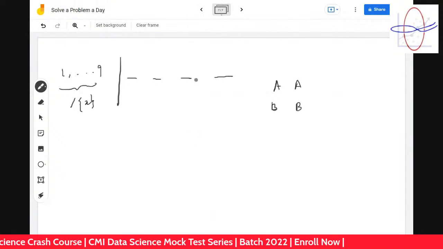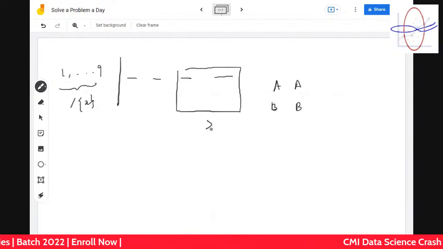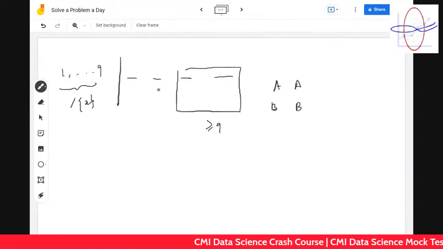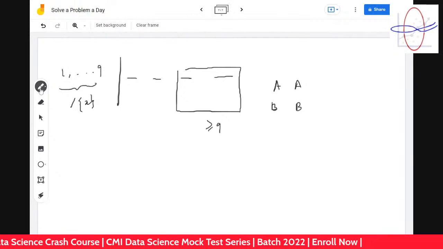Understand that the last digits cannot be 00, and the last two digits will be greater than or equal to 9 because the eldest child's age is 9. These are the basic criteria. Let's explore the problem. We have to find out which number is not possible. Let's forget the options.